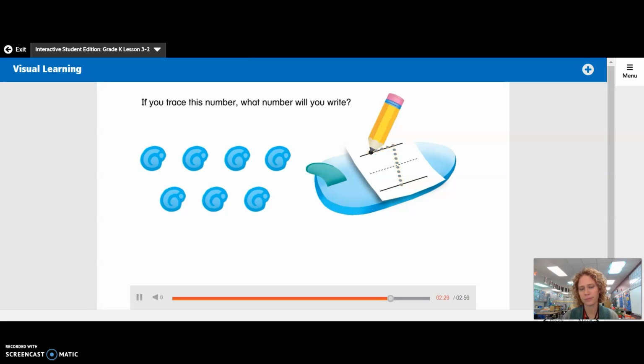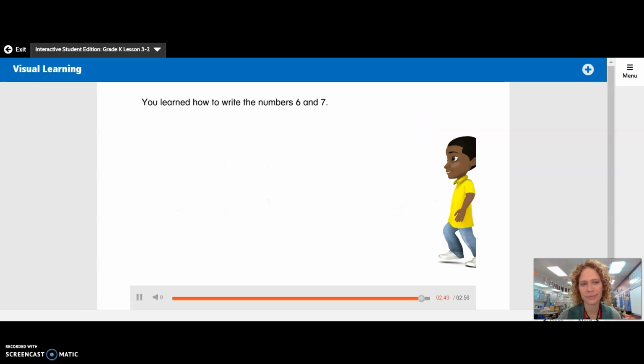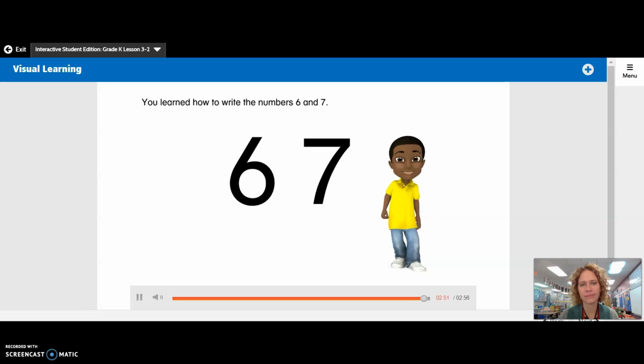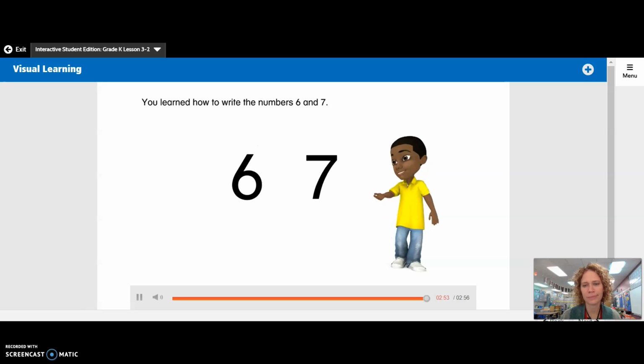If you trace this number, what number will you write? You will write the number 7. Where do you start to trace the number? You start at the dot at the top. Great job! You learned how to write the numbers 6 and 7.